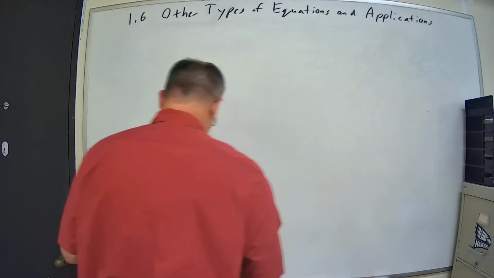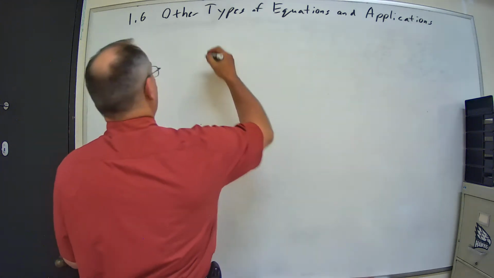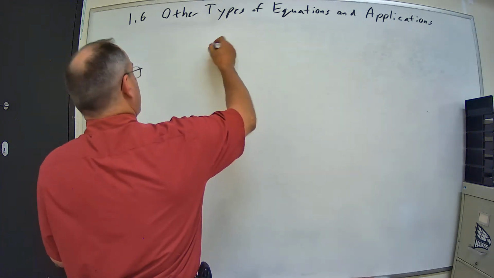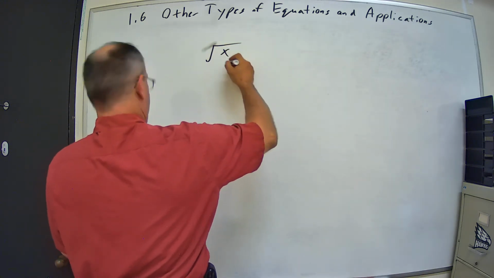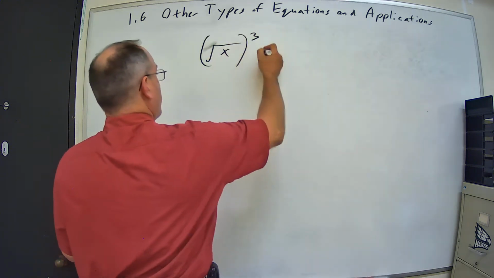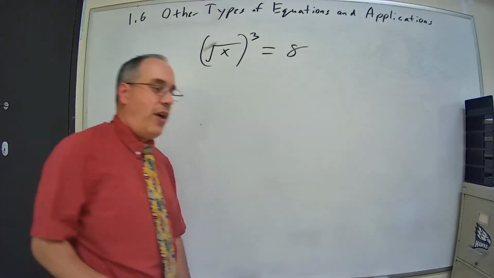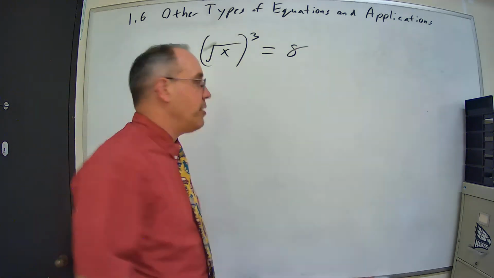What if we have the square root of x cubed is equal to 8? Now obviously this is a very simplified one.